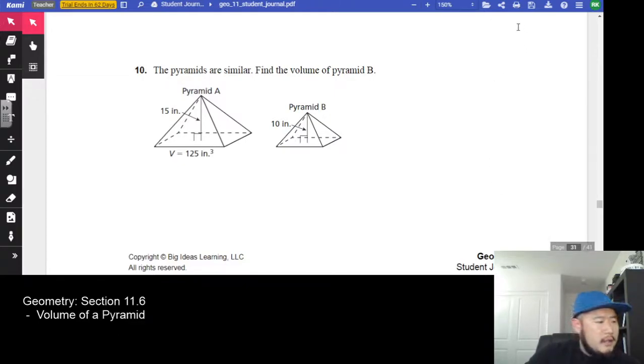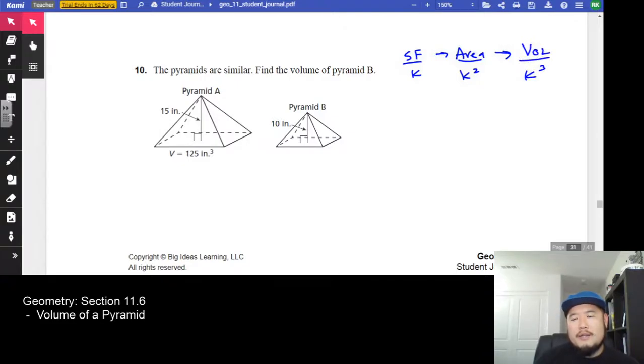Now, in the last section, 11.5, we talked about scale factor to area to volume, and the ratio that goes along with it. Remember, scale factor is just K. Scale factor is K, area is K squared, and to go from there to volume, that's your scale factor cubed.